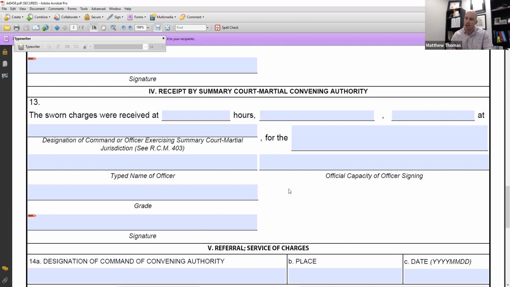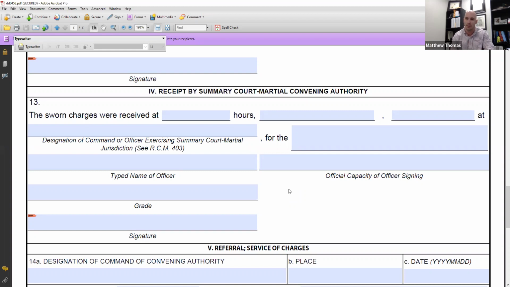And here you see that the commanding officer has to sign this because he's the person that's actually going to be convening this court-martial. So either the SJA or the prosecutor or the adjutant, even at times, has to make sure that they are taking this to the commanding officer and making sure that they are informed and that they are actually signing this before it moves forward.